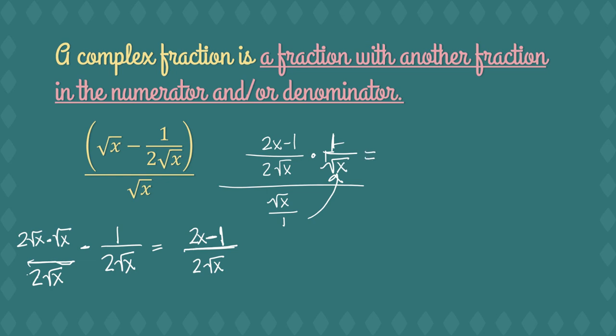I can flip that square root of x over 1, make it 1 over square root of x, and I can multiply. So the numerator is just 2x minus 1 because anything times 1 is itself. The denominator is 2 square root of x times square root of x. We've already done this problem. We know it's 2x. This is simplified, and we're done.